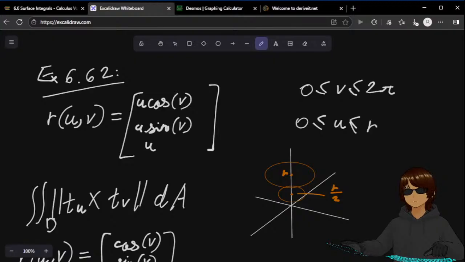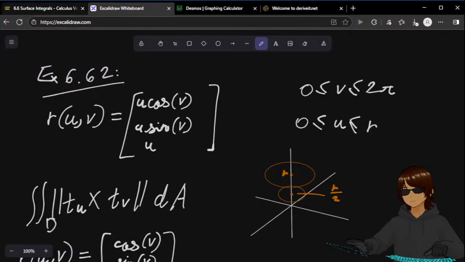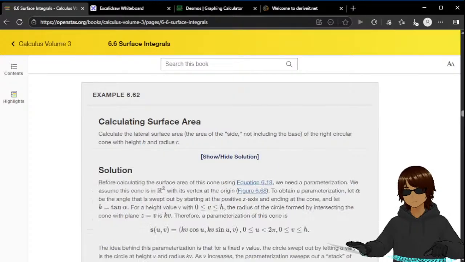Zero, zero all the way till r. kv 0 to h.